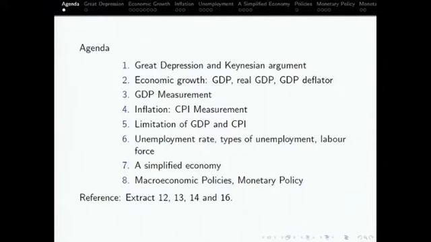Look at this: Great Depression, Keynesian, GDP, real GDP, GDP deflator, GDP measurement, CPI, unemployment rate. Pretty much you know all of them. At least you know what unemployment means, right? But still, we need to go through some of this. Before that, I will discuss the first part, the Great Depression and the Keynesian argument, and then I will take a break, and then I will start the 2, 3, 4, 5, 6, right?